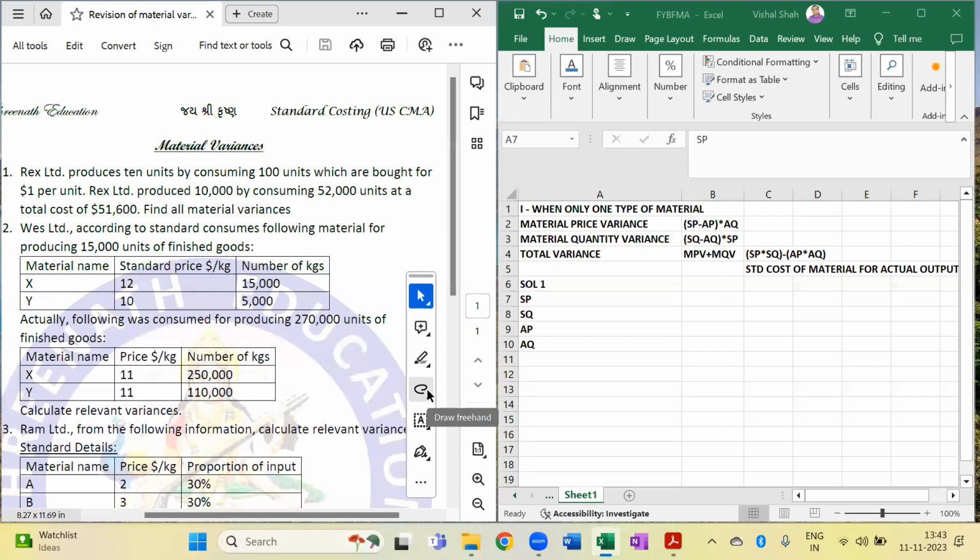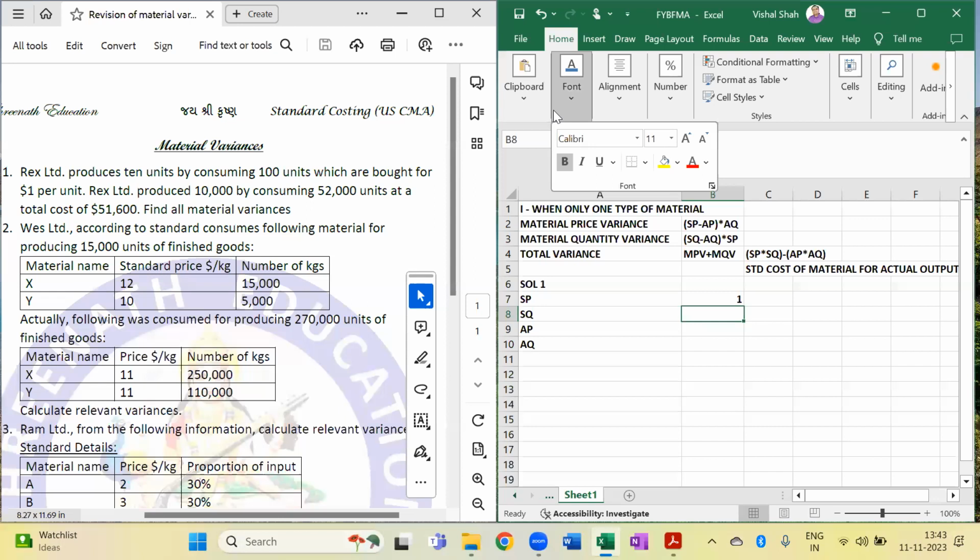Find all the material variances. I generally tell students SP is generally given in the question. At what price were you supposed to buy? I was supposed to buy at $1. So $1 is my SP.